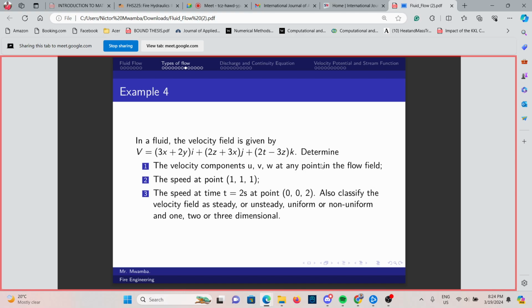Then they're saying determine the velocity components u, v, w at any point in the flow field. So from the i, j, and k, you should think of this as the velocity component along the x-axis, this the velocity component along the y-axis, and this 2t minus 3z is the velocity component along the z-axis.